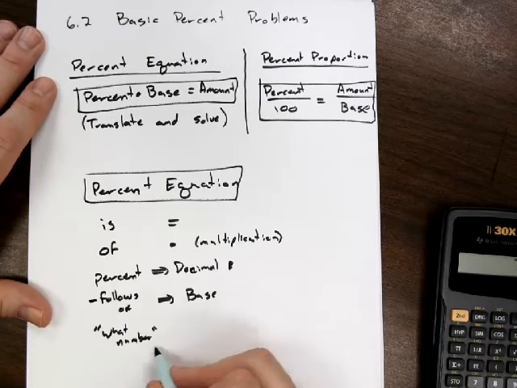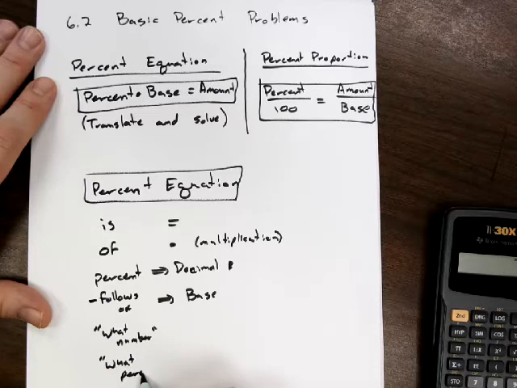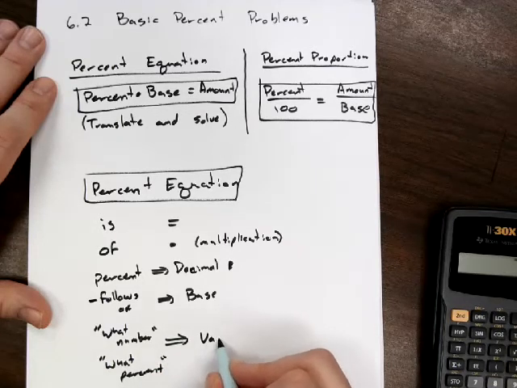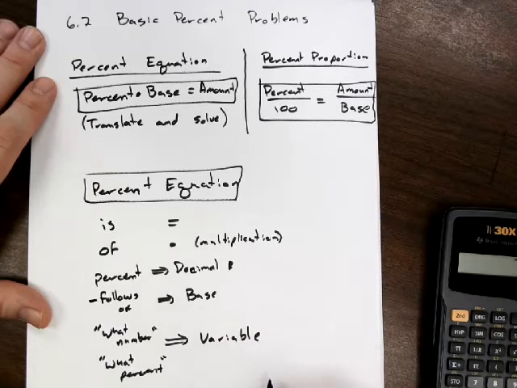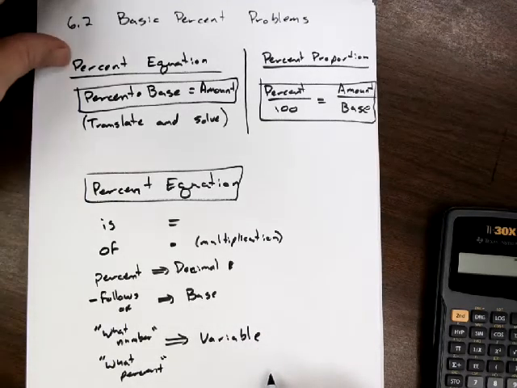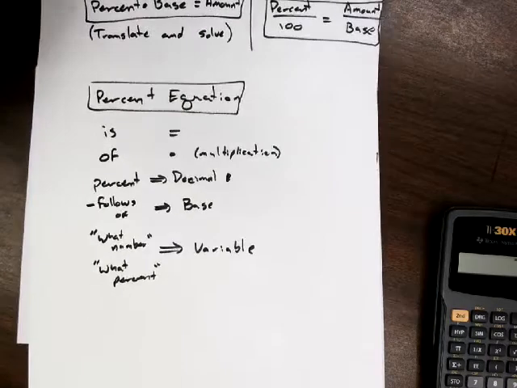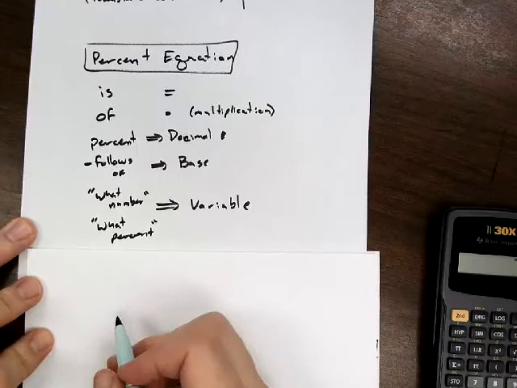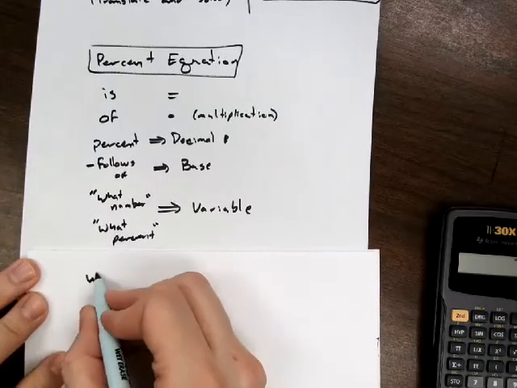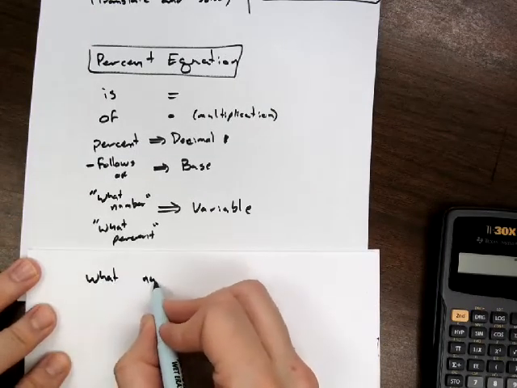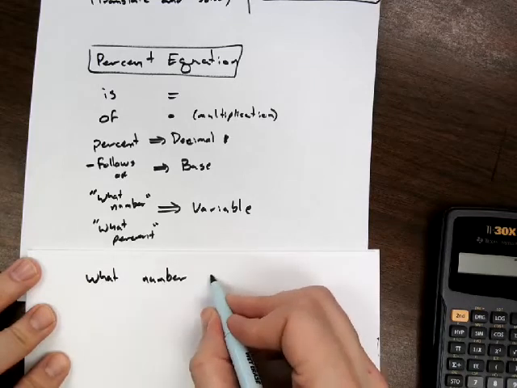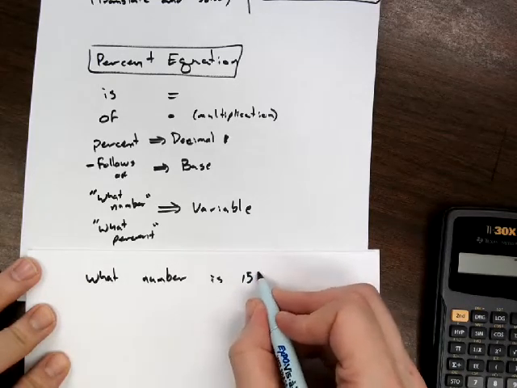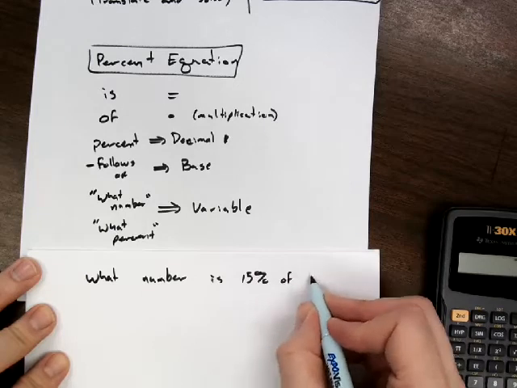So what number or what percent, we're going to use a variable. Let's say that what number is 15% of 63?